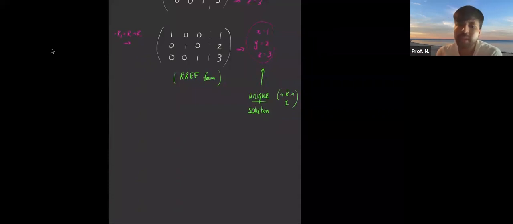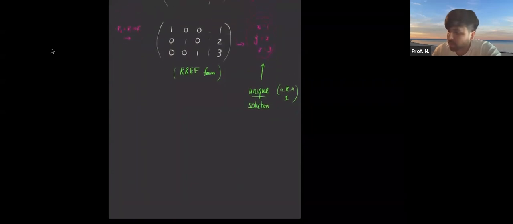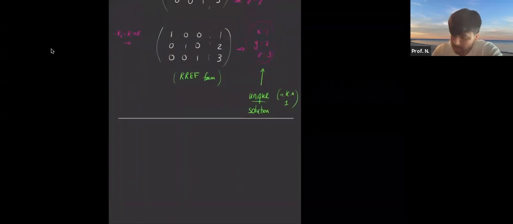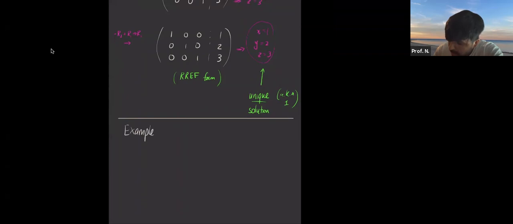There may be systems that don't have unique solutions. They have infinitely many solutions. So let's look at different examples here. I'm going to give you examples of matrices in RREF.